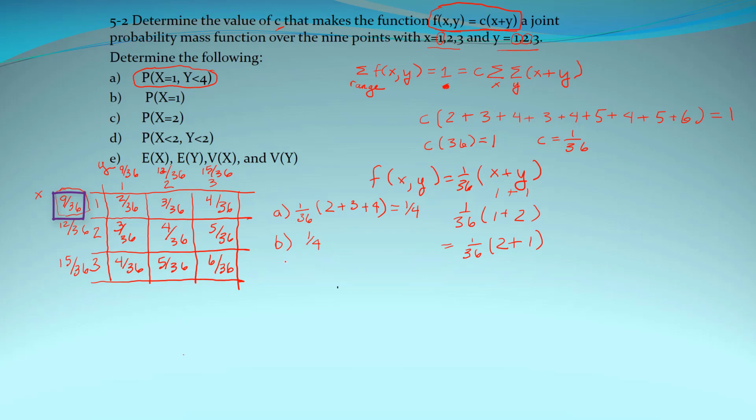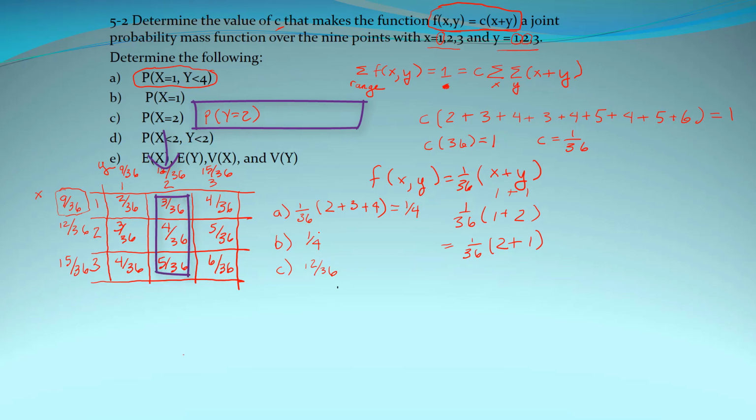It's the same as part A. So now for part C, they want us to find the probability that x is equal to 2, which is just going to be the marginal probability, 12 over 36. If it's the probability of y is equal to 2, just looking at this column, it would likewise be 12 over 36. And so it's 1/3 essentially.